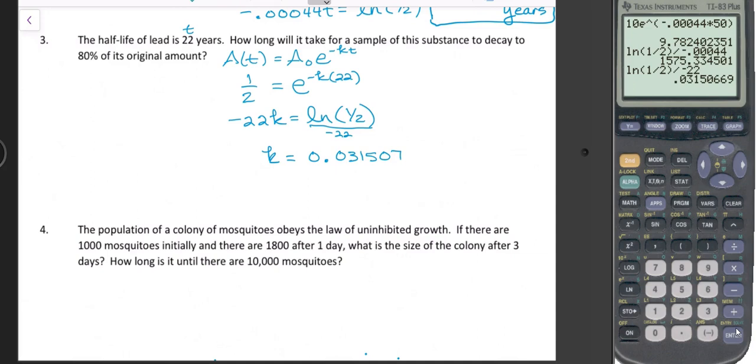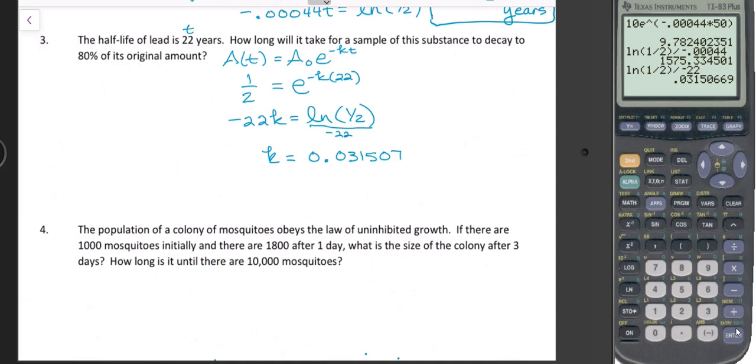One thing you don't want to do when you are finding a rate of growth or a rate of decay that you're going to use in the problem is chop this off. This problem didn't ask me to find the decay rate. If it did, then it'd be okay to say 0.03. But I want to use this decay rate in order to figure out how long it's going to take to cut it by 20% to get 80% of the original amount.